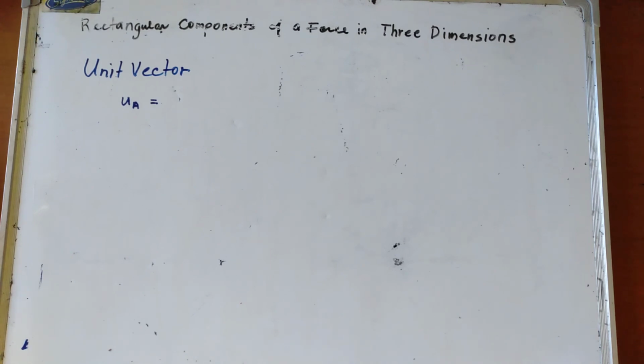Take note that the right-handed coordinate system is used in the theory of vector algebra. A rectangular or Cartesian coordinate system is said to be right-handed if the thumb of the right hand points in the direction of the positive z-axis.